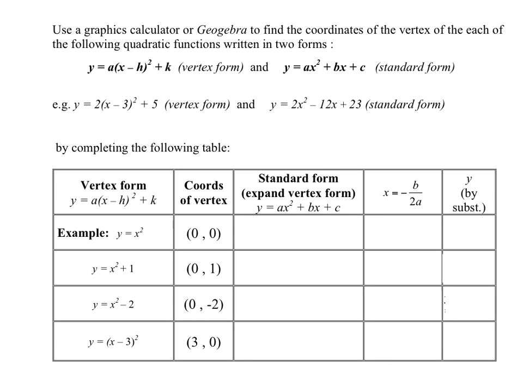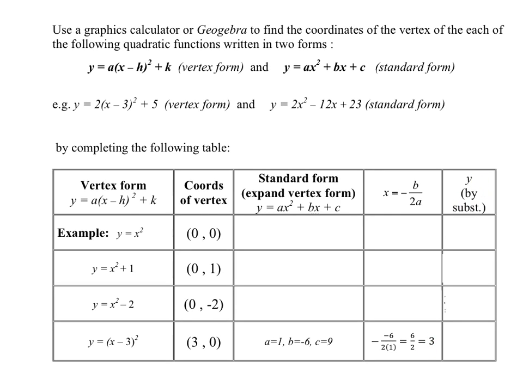Now, the significance of that is that if we think of x squared minus 6x plus 9, the a, the b, and the c are 1, negative 6, and 9. That might not seem like any big deal, but if we then calculate negative b over 2a in this column to its right, we'll get 3. And that happens to be the same value as the x-coordinate of the vertex.